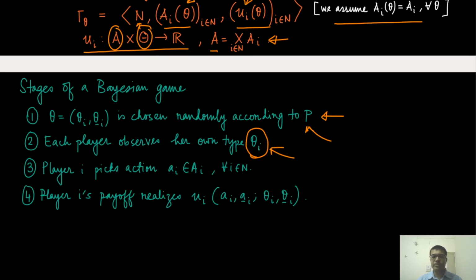They are private information of those players, and then based on that information they will have to pick an action which lives in this action set A_i. And once every player has picked their action, every player realizes some utility. That is given by the actions that have been chosen by these players, and also based on the types that have been realized with respect to this common prior.